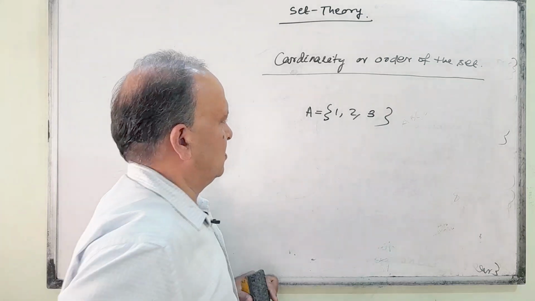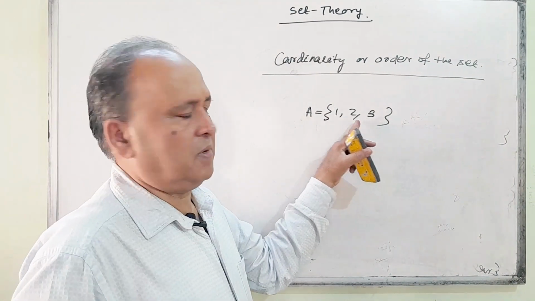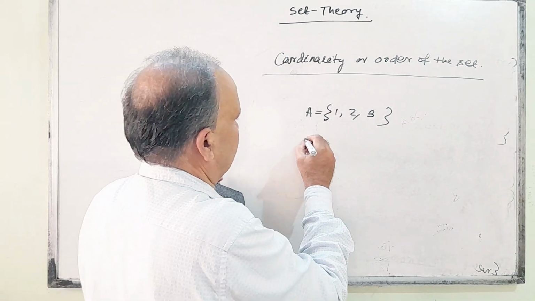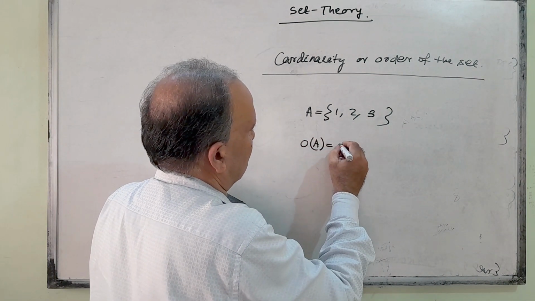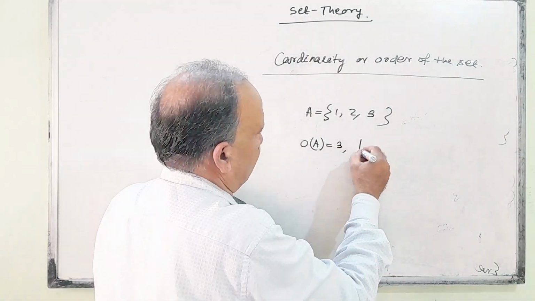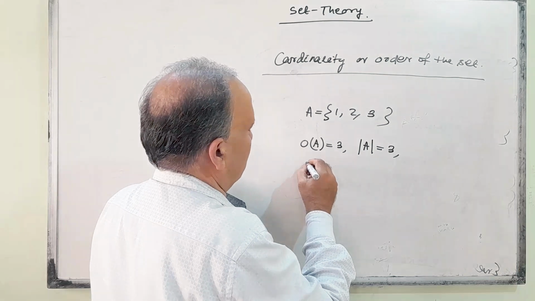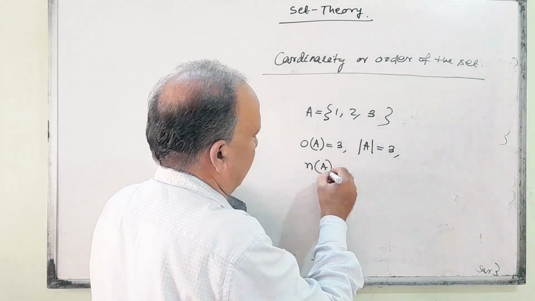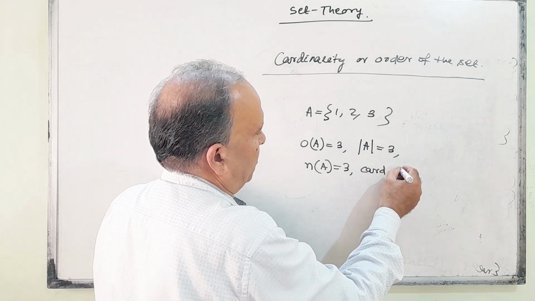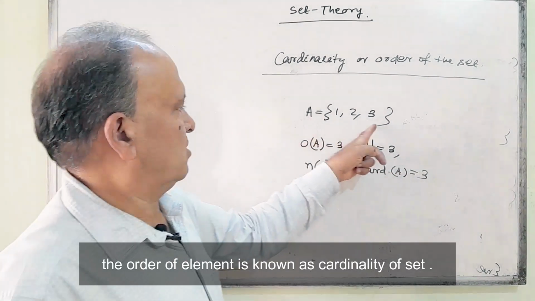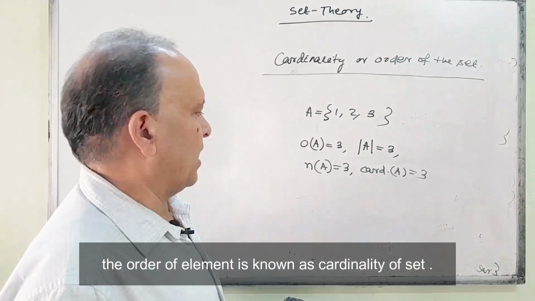How many elements are there? There are 3 elements: 1, 2, 3. So you can say order of A is equal to 3, or you can write card of A is equal to 3. Like this, the number of elements in a set is called its order or cardinality.